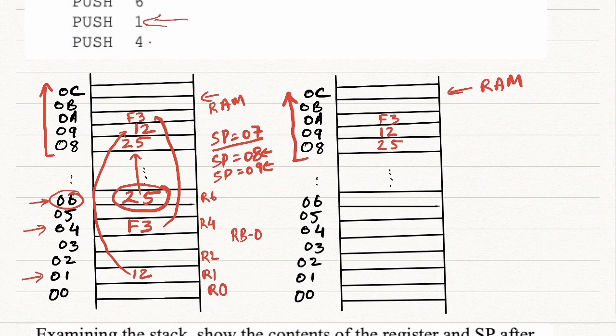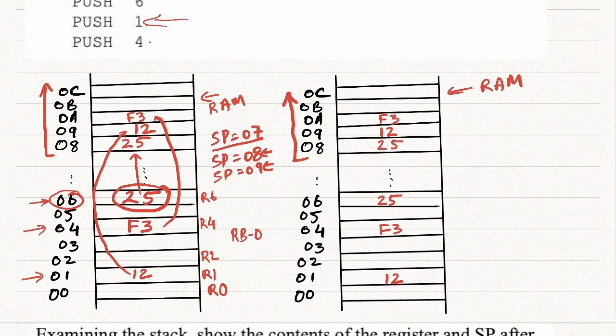So 6 was 25, 4 was F3, and R1 was 12. So basically whatever is pushed first will be at the bottom of the stack, and the stack will increase, and the next pushes will be on top of the stack.